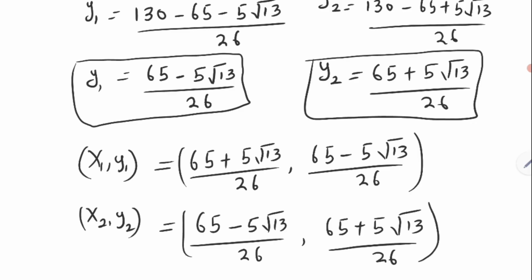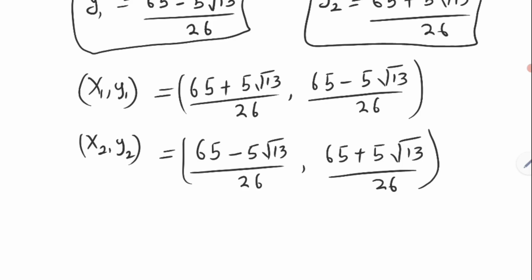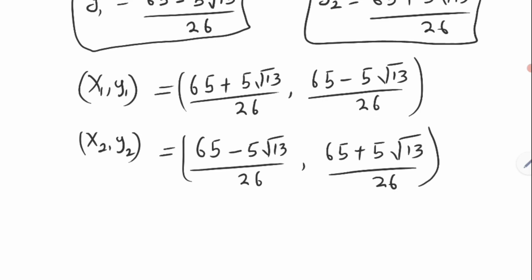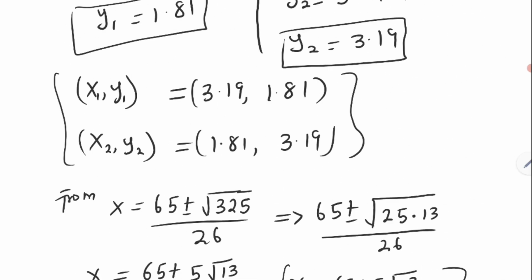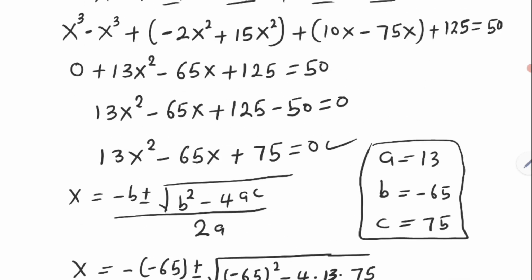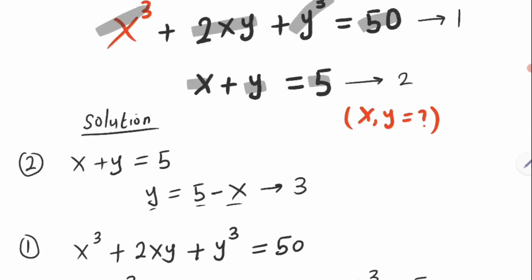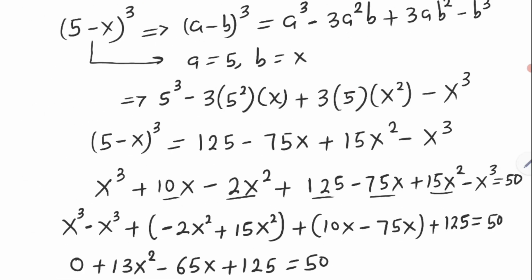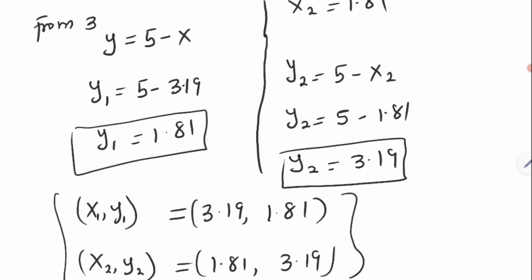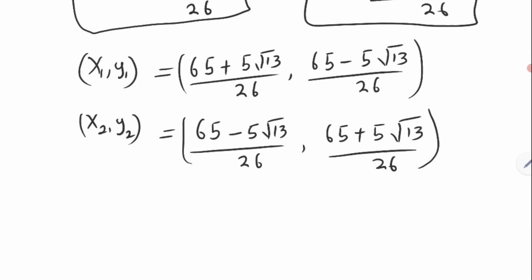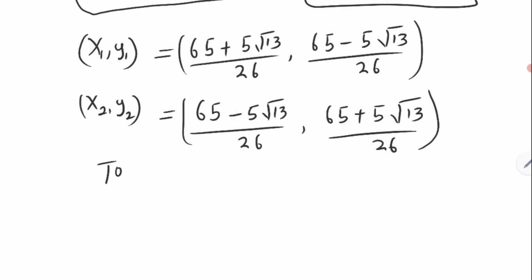Then we may also check to confirm our answer. Let me check using equation 2, which is x plus y is equal to 5. To check, we have the given equation x plus y is equal to 5.